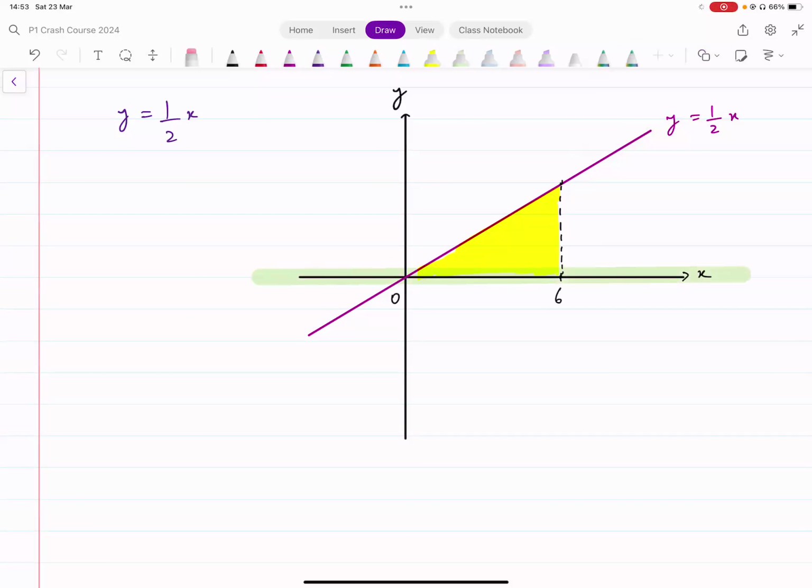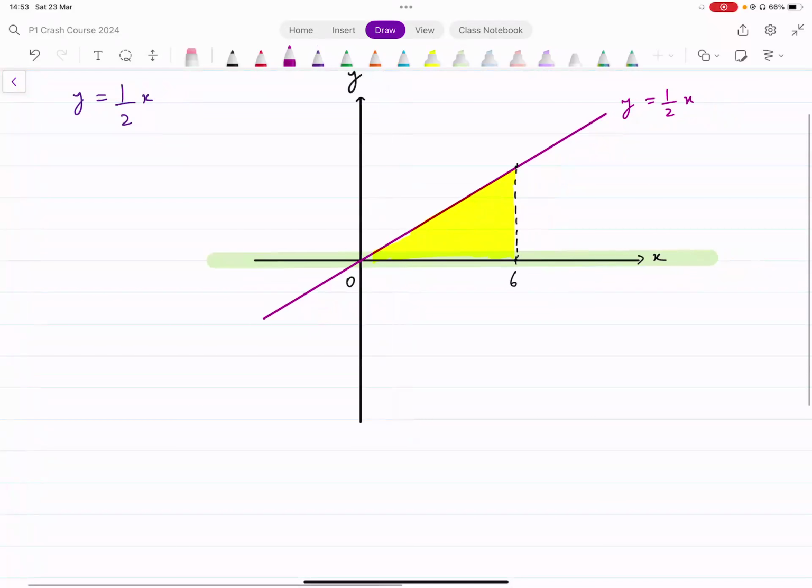Think of this line, the x-axis, as the axis of rotation. If you were to rotate this area about this axis, can you try to visualize that? You're rotating 360 degrees about the x-axis. What is the shape that you're going to get?